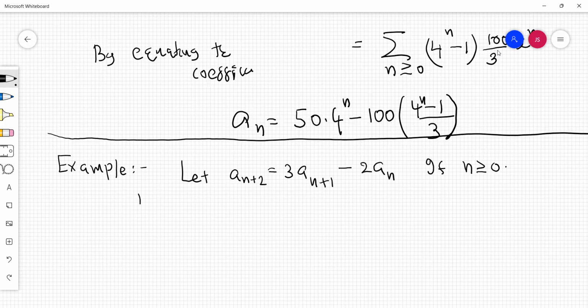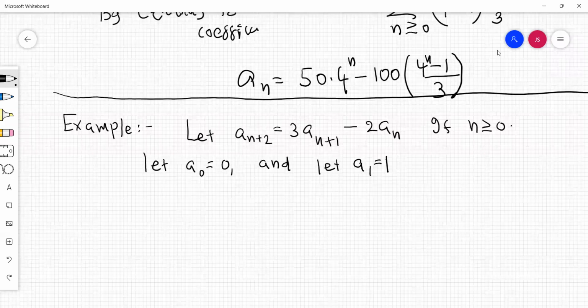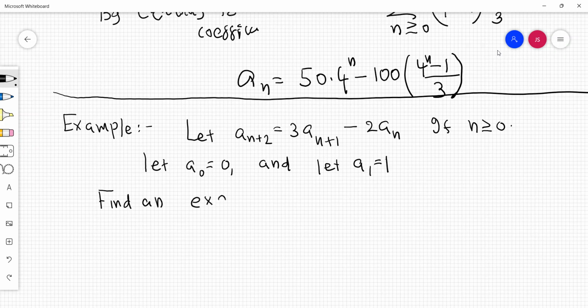Let a naught equal 0 and a1 equal 1, right? Find an explicit formula for a n.